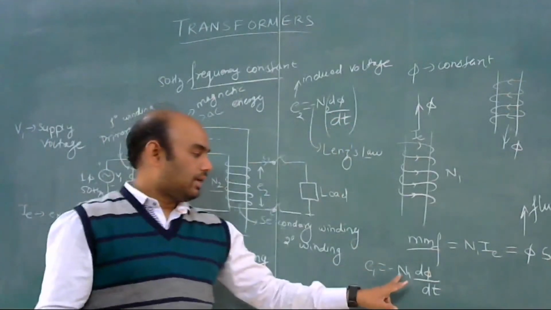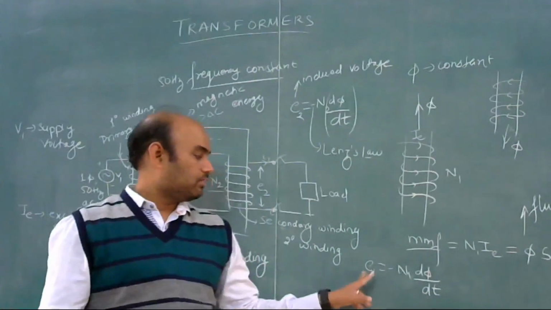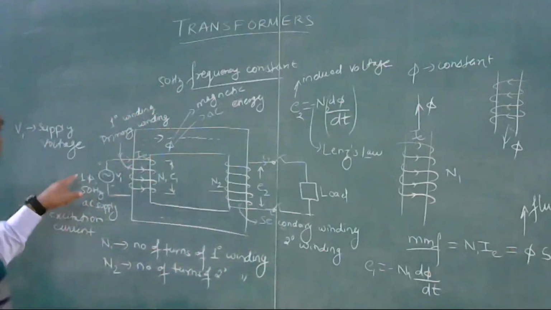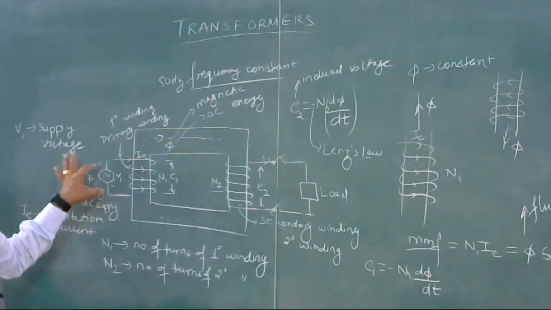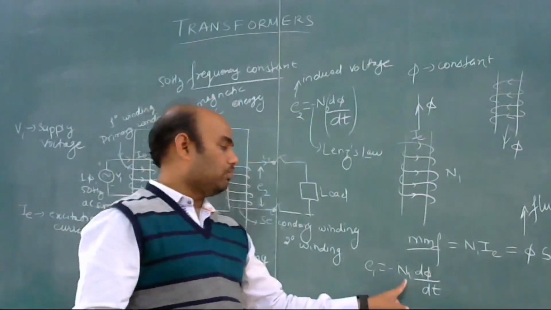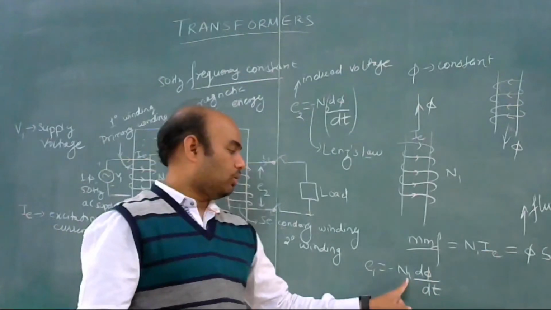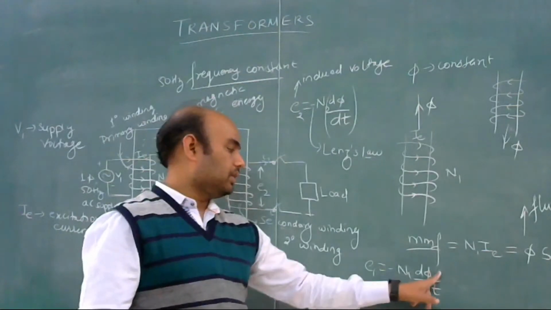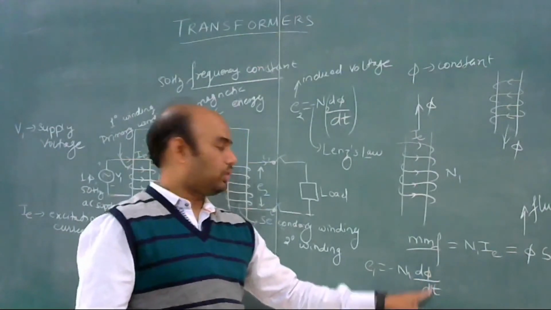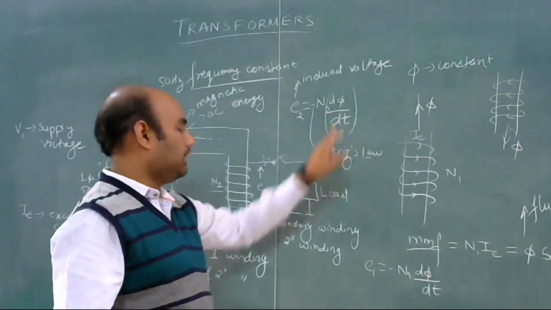The small e represents induced voltage, and the capital V represents the supply voltage. The flux is alternating in nature, and in the secondary side it will be -N2 dφ/dt.